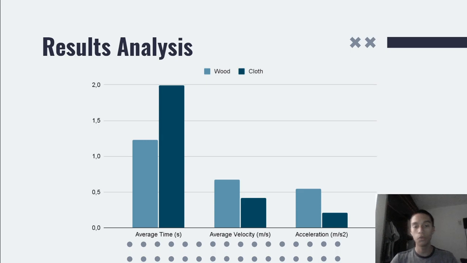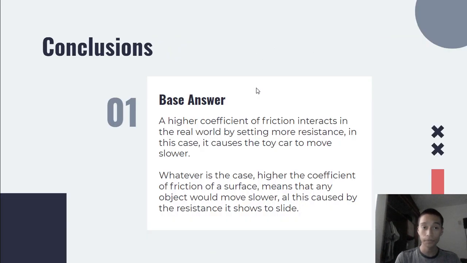With the wood, it moved faster, so the acceleration was higher, and with the cloth, the acceleration was lower. So yeah, like we expected, the higher the value of the coefficient of friction, the higher the resistance to moving it has. So in this case, the slower it moves, as we can see with the cloth.